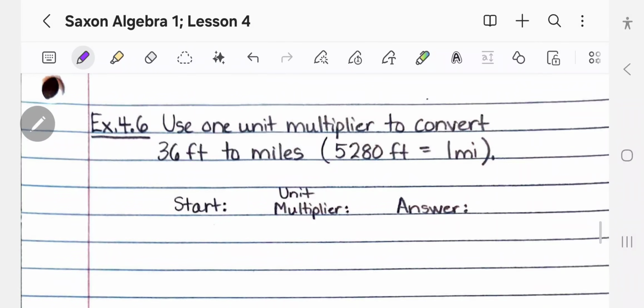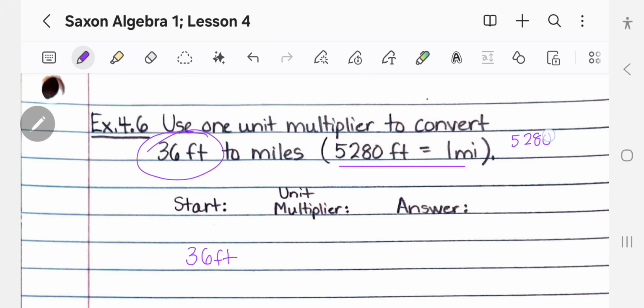Done very similarly, okay? Use 1 unit multiplier to convert 36 feet to miles. All right, I know I'm going to start with the number they gave me, 36 feet, right here. I know I need a unit multiplier, so what are my choices? Well, they give me some things here. And sometimes I'm going to give you a chart in a little bit, and you are going to have to learn these.